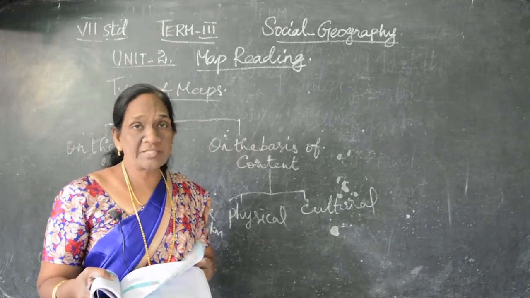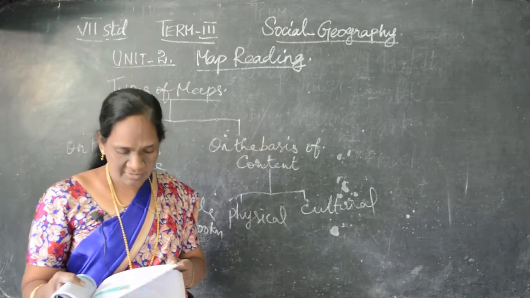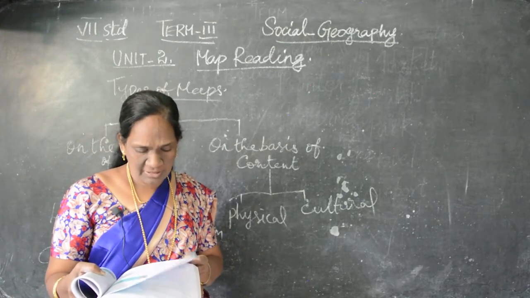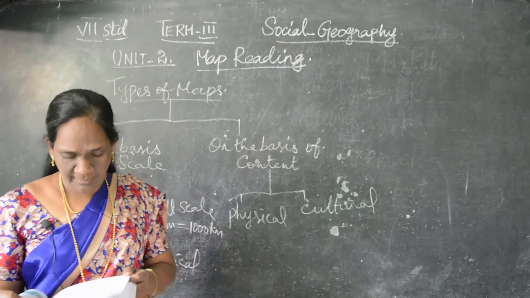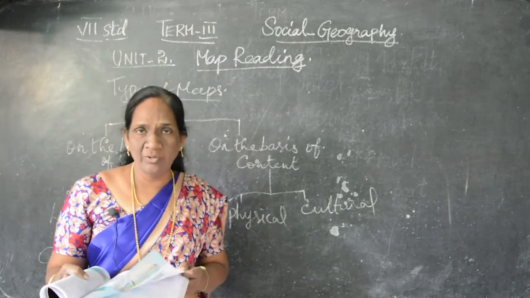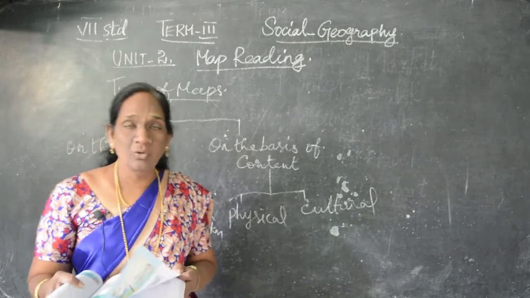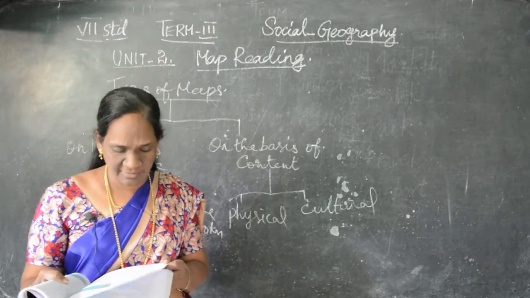Then crops cultivated, soil map இருக்கு. Understand? There are many. Only the prominent relief features, main roads, railways and important towns are shown in the atlas map. The transport and communication எல்லாமே அதில் தெரியும். Roadways, railways, airways, waterways, everything we can see in the atlas.